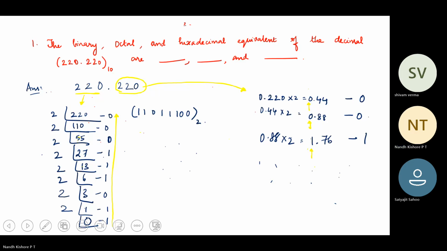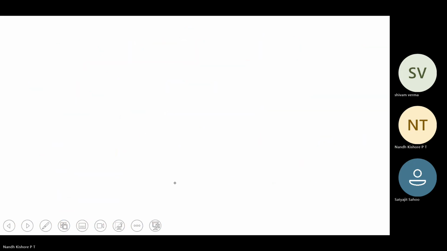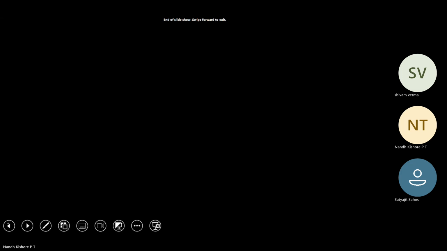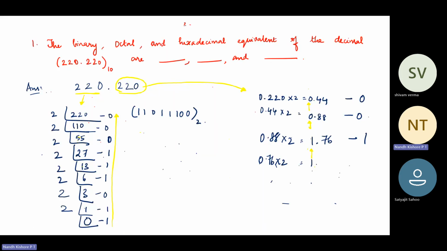Again, 0.76 times 2 is going to be 1.52, which means 1.